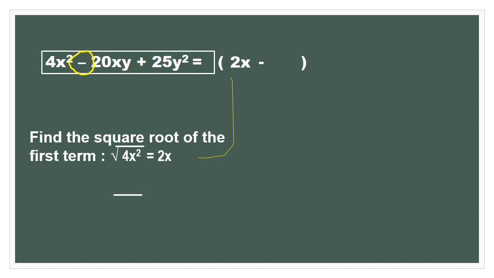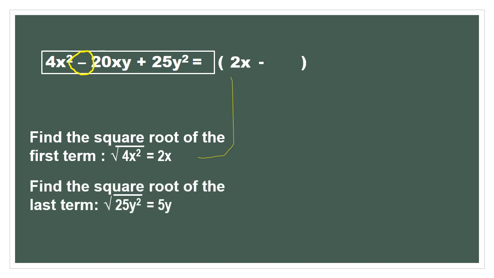Then, yung sign ng middle term natin is minus. So, ang sign din ng ating binomial factor is minus or negative. Find the square root of the last term, 25y squared. Then, it is equal to 5y. That will be our second term of the binomial factor.